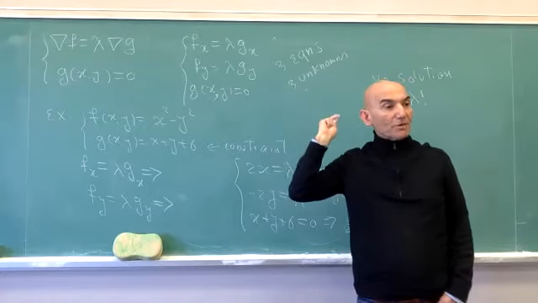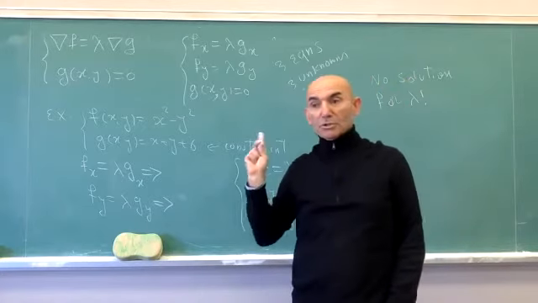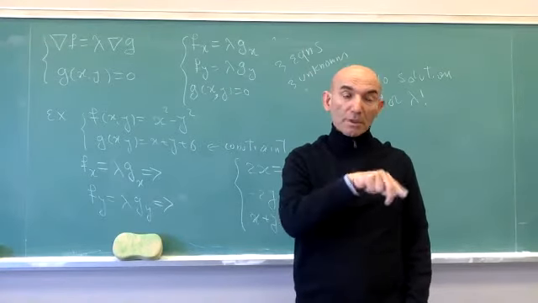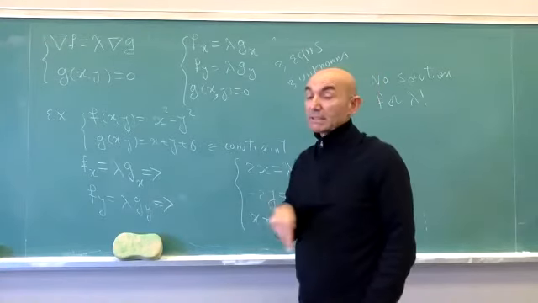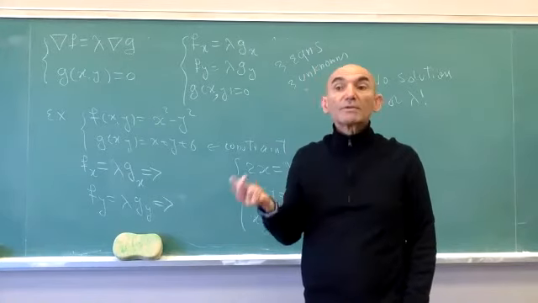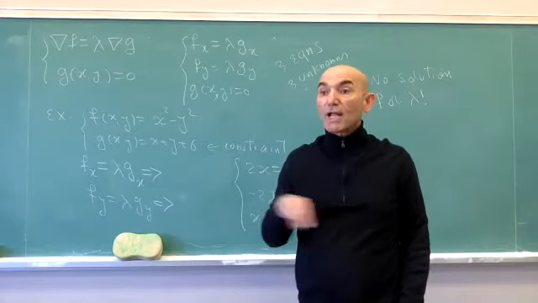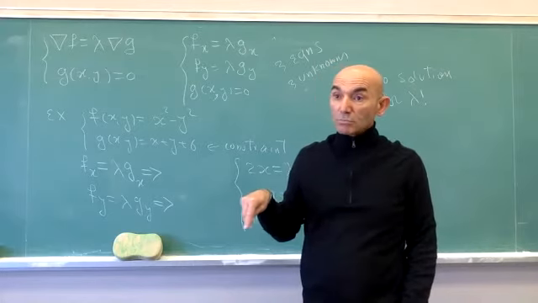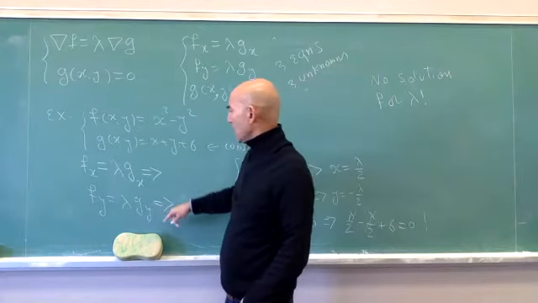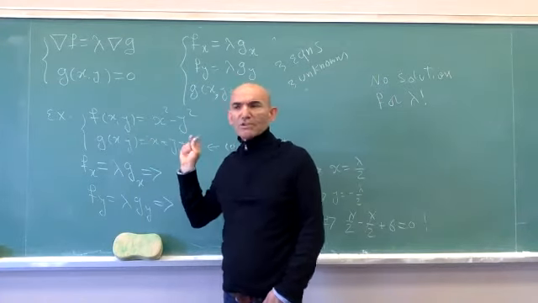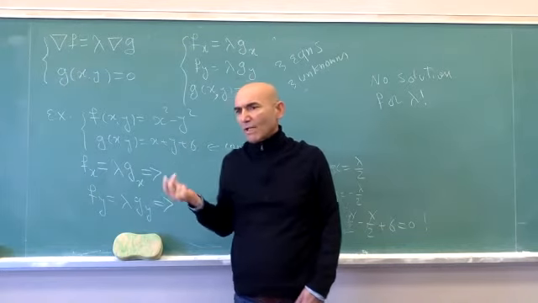There was another condition at the extremum point, by the way: the gradient of the constraint function has to be non-zero. But the gradient of this g is of course non-zero. It's just (1, 1), so there's no way that gradient could be zero.